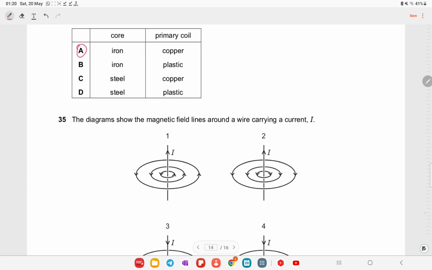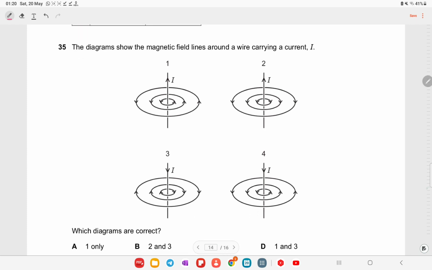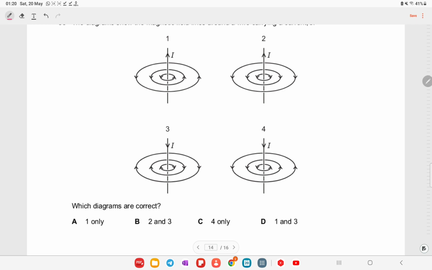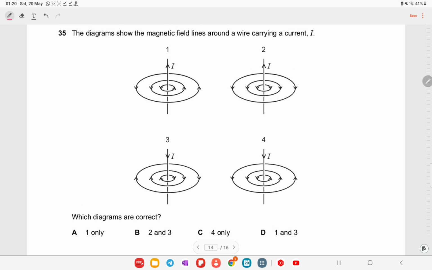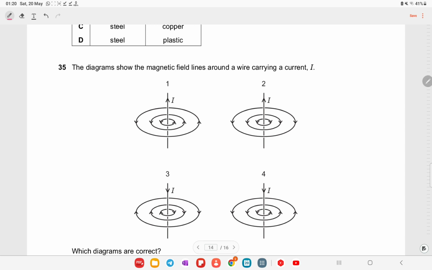The diagram shows magnetic field lines around a wire carrying current I. Which diagram is correct: 1 only, 2 and 3, 4, or 1 and 3? In this case, use the right hand grip rule to find the correct direction of current.